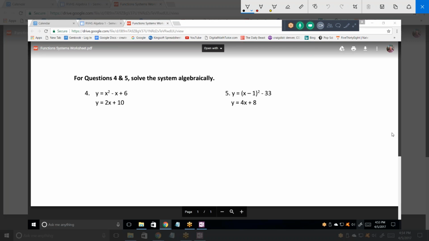So what should I do here? In other words, they want us to solve it algebraically. That means I either got to use substitution or I got to use elimination. Well, if y equals that and y also equals that, then doesn't this have to equal this?